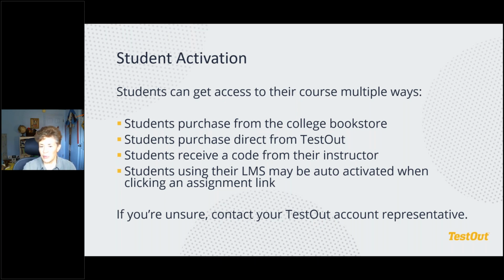They may receive a code from their instructor. Or, of course, those that are using LMS, they can be automatically activated upon login to their accounts. So if you happen to be unsure of how this is going to work in your facility, feel free to contact your TestOut representative to find out how they have it set up.